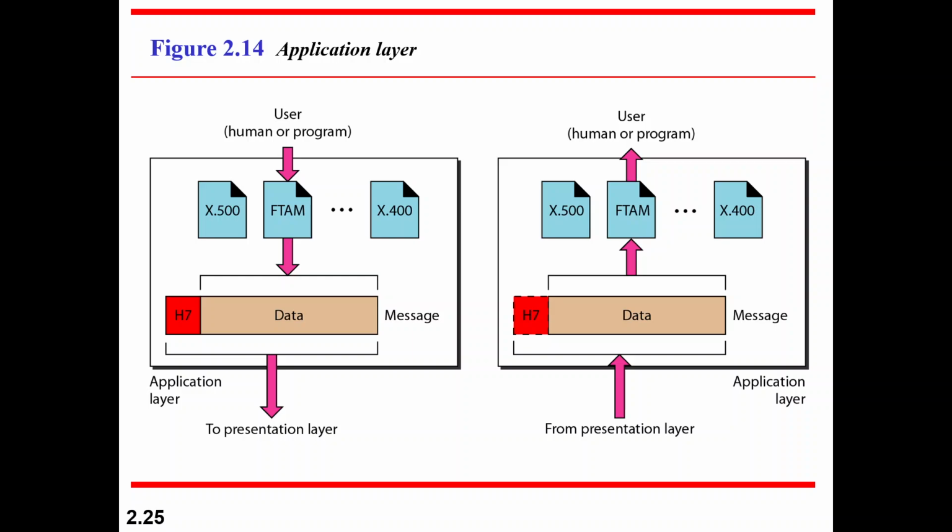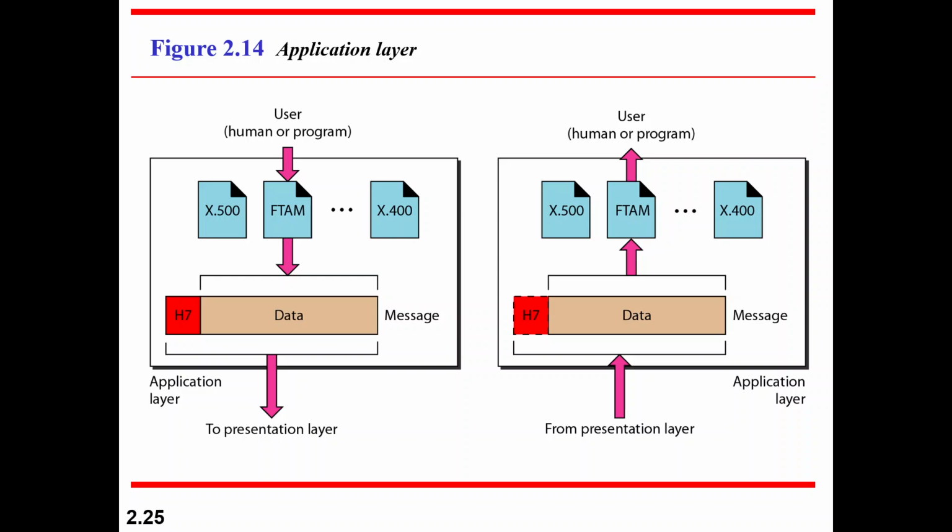Of the many application services available, the diagram shows only three: X.400, the message handling services, X.500, the directory services, and file transfer access and management, that is FTAM. The user in this example employs X.400 to send an email message.